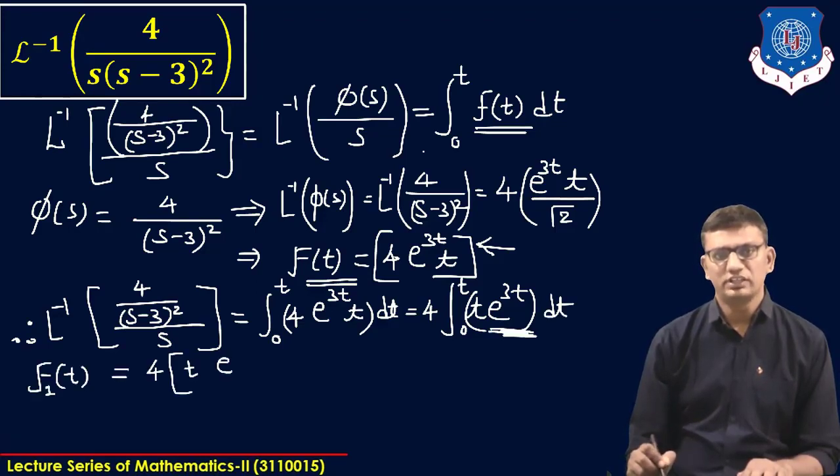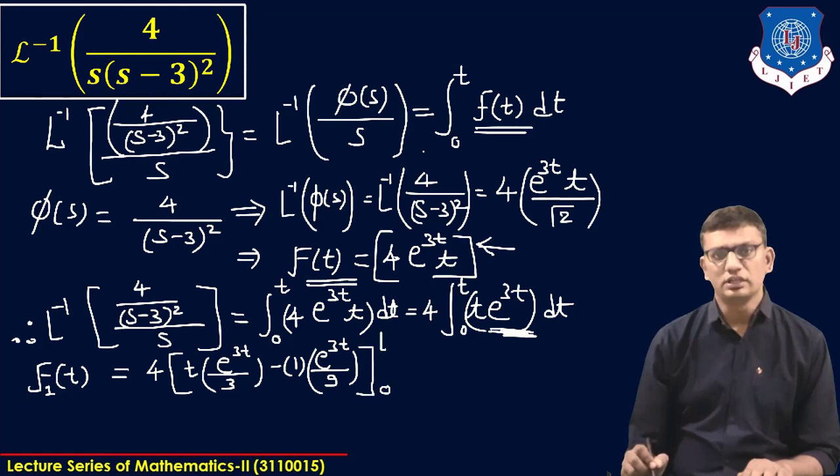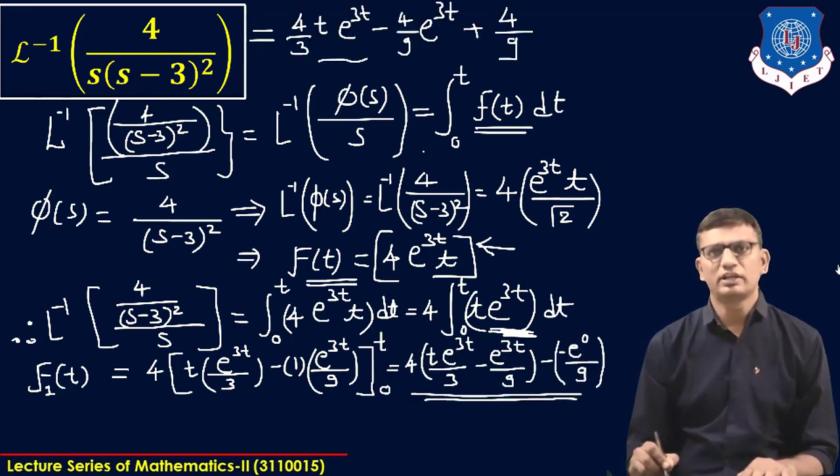Now we have 4 into (t e raised to 3t by 3 minus 1 into e raised to 3t by 9), and our limit is 0 to t. After putting the limit, we get 4 by 3 t e raised to 3t minus 4 by 9 e raised to 3t plus 4 by 9, which is our final answer of this question.